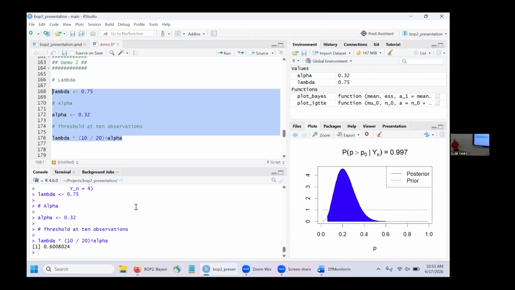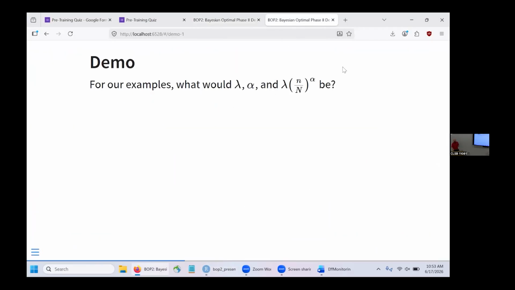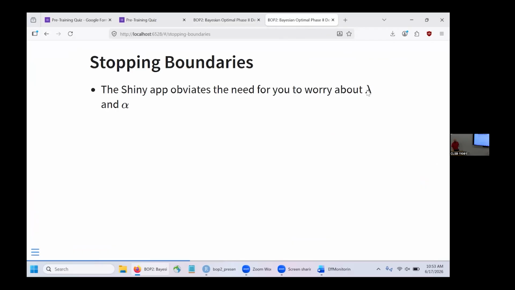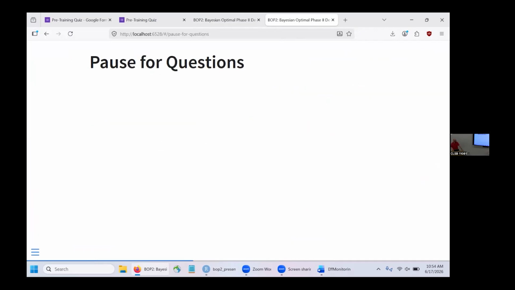But again, we don't actually have to do this computation. It's all going to be done for us. The Shiny app obviates the need for us to worry about lambda and alpha. It's going to produce an easy to read table with 2 columns: number of patients treated, and stop if number of responses is less than or equal to this value.